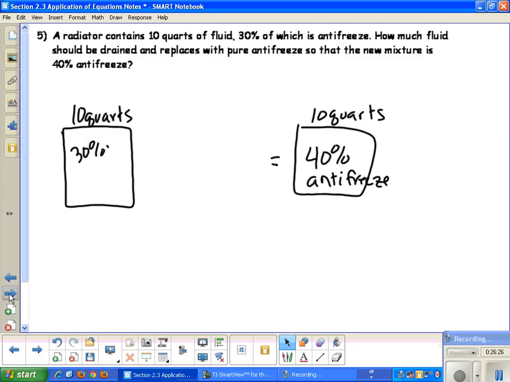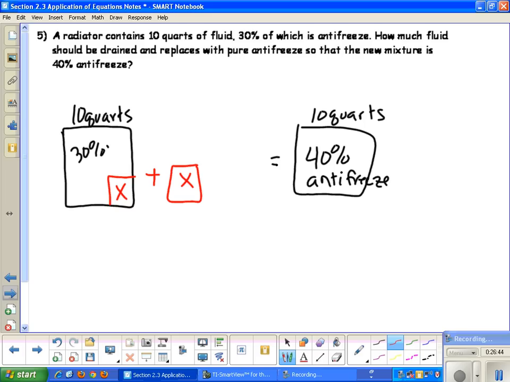Because we can't just add antifreeze, since it wouldn't fit in the 10 quarts, we actually have to take out some amount, which I'm going to call X, and then replace that amount X with antifreeze to get the new mixture.